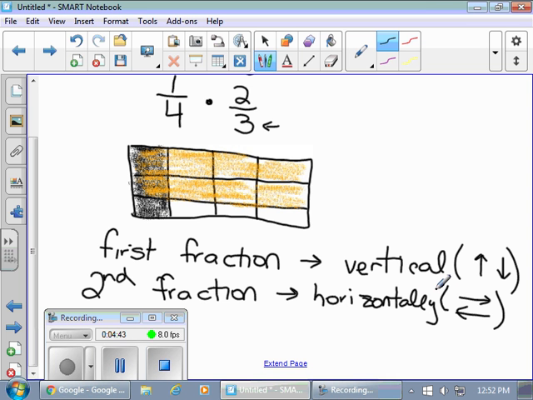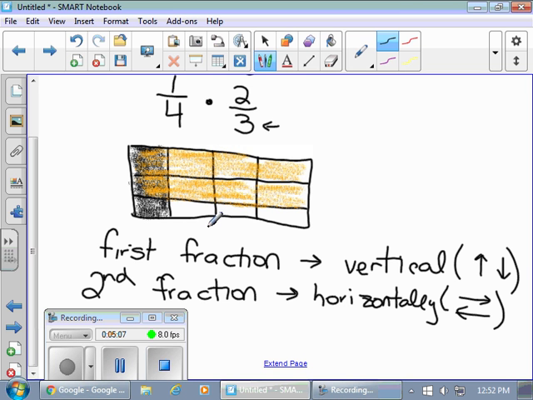I'm not worried about individual blocks yet. You're looking at your whole rectangle again, so it's got to go through the blue. Yours has to shade over the blue.